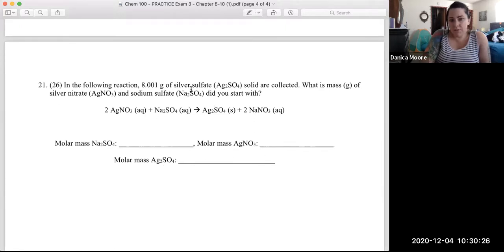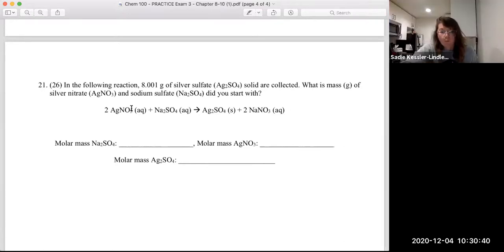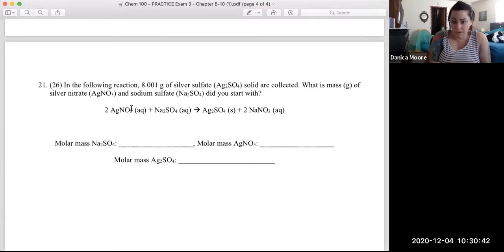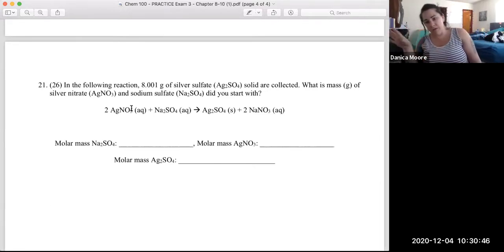Does it freak you out when you start off with products and go to reactants, or are you pretty fluid with that? It's just the same steps, but flipped around. You're still going mass to moles, moles to moles, moles to grams. But now you're using the product to start and then ending with a reactant.